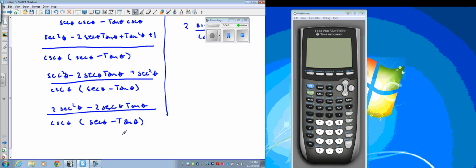Now see in the numerator, if I factor a 2 secant out, I'll have a secant tangent that'll cancel with this, right? So if I factor out 2 secant theta, then this becomes secant, then I have a minus tangent. In my denominator, I have cosecant. I'm there, right?